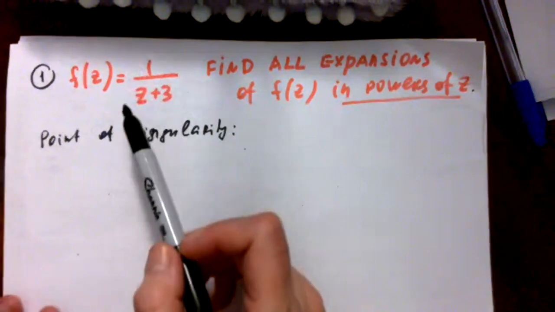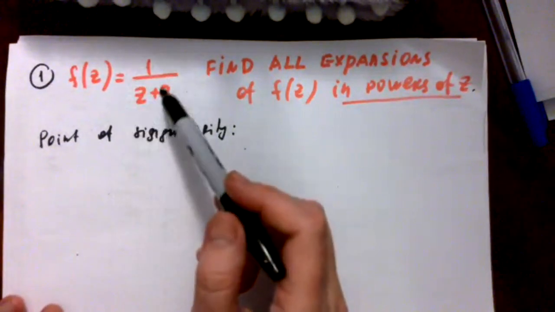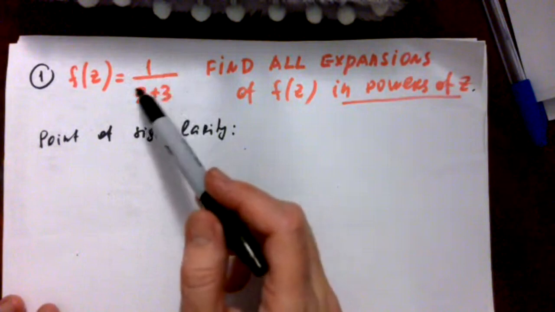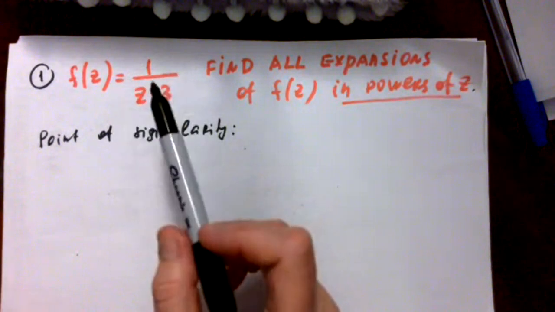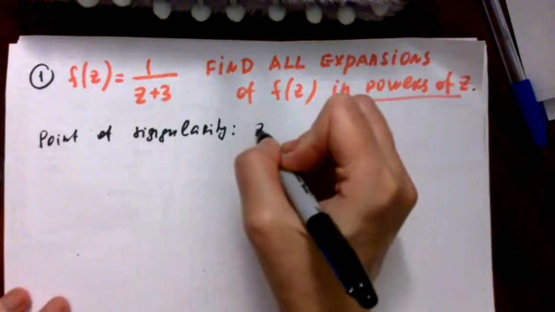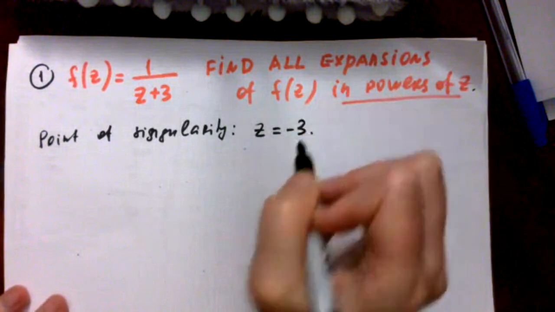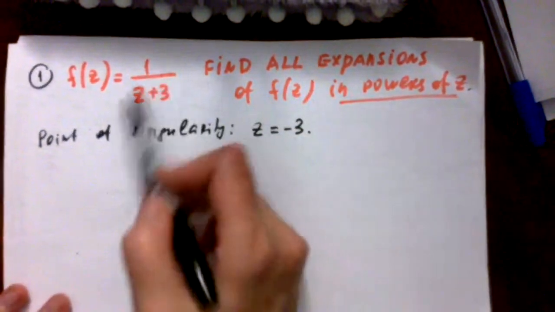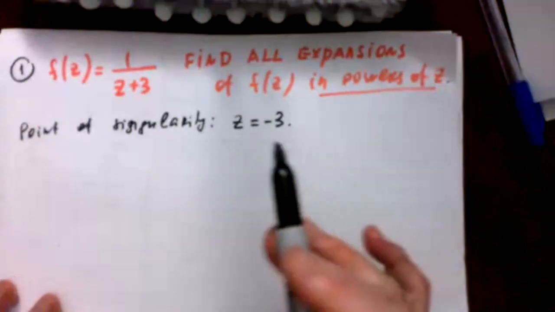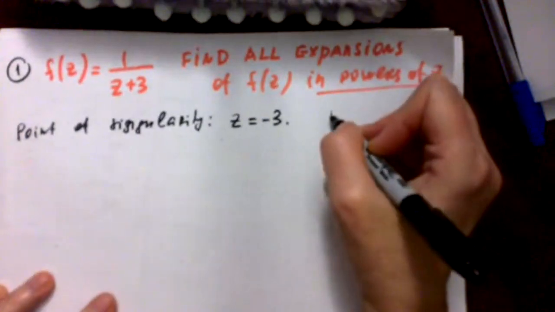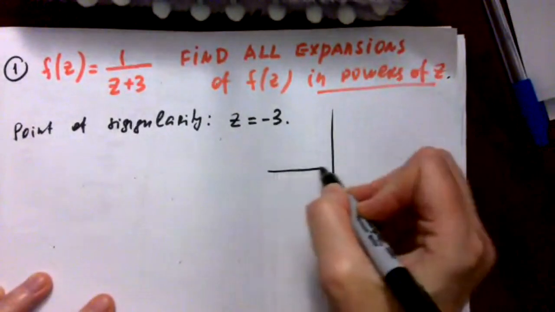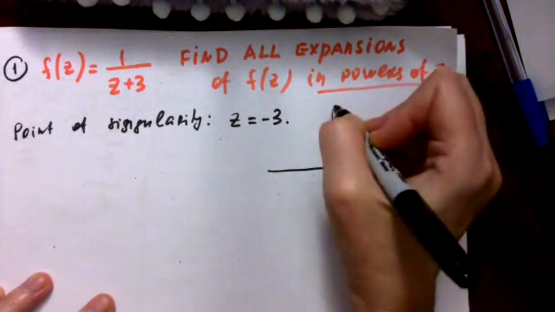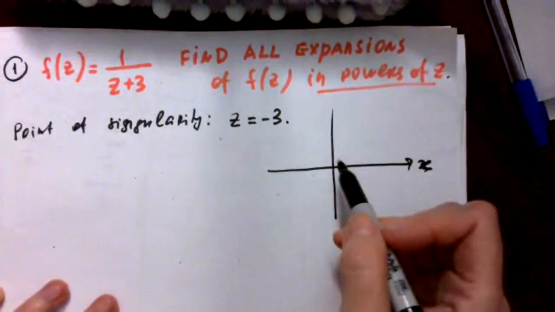But even in this field of mathematics, it's still not allowed to divide by 0. So it turns out that z equal to -3 is our point of singularity, because you can't divide by 0. And this point of singularity actually will show you how many expansions you need to expect.